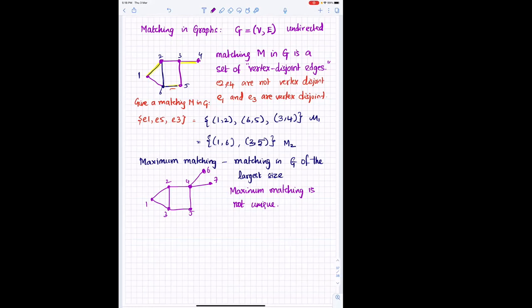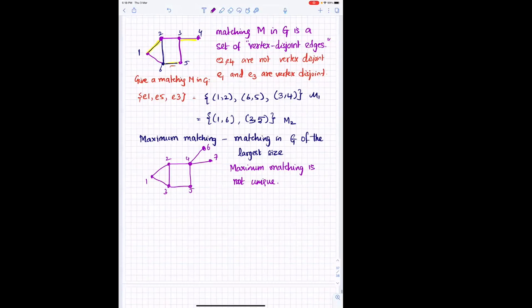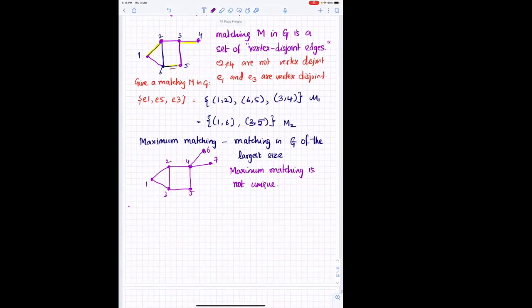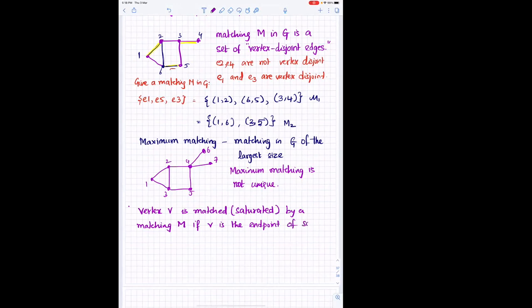It's just a set of vertex disjoint edges. And you say that a vertex V is matched, or some textbooks use the word saturated, by a matching M, if V is the endpoint of some edge.